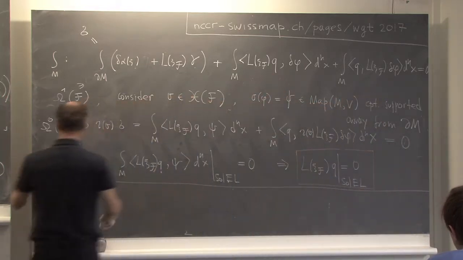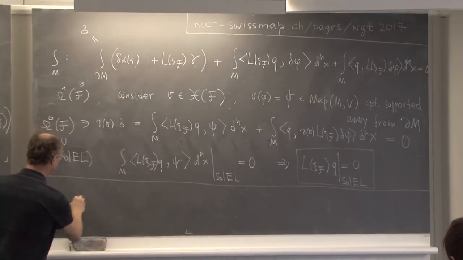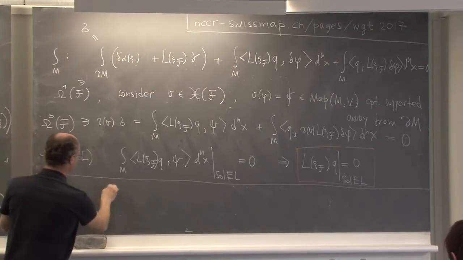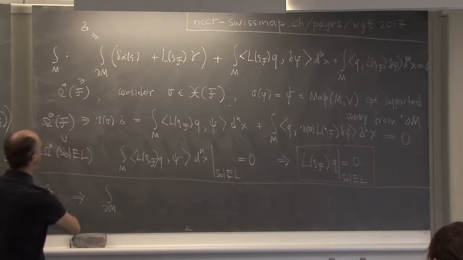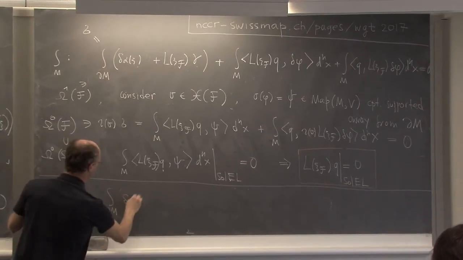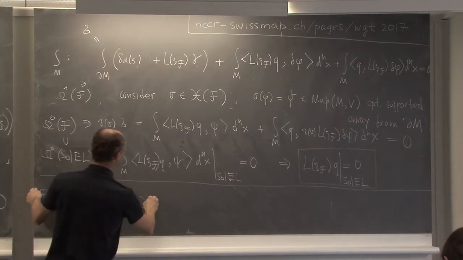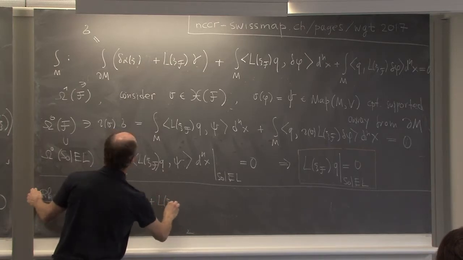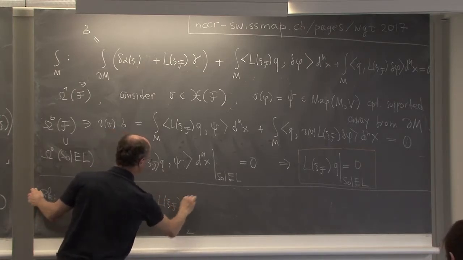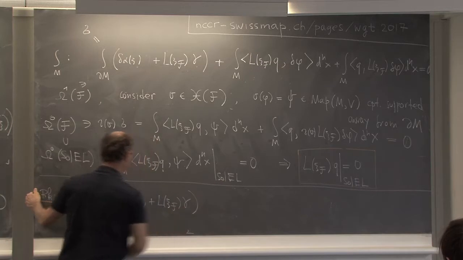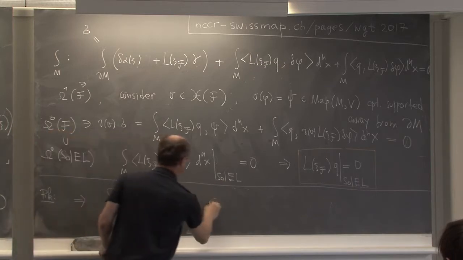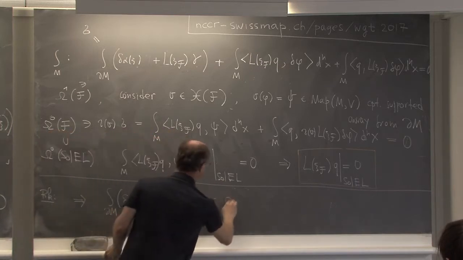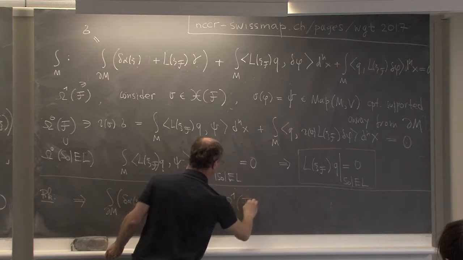Now we have the following corollary. We have this one form, which is an integral over dM of delta alpha of psi plus L of psi f gamma. So this is an element of Omega 1 F.